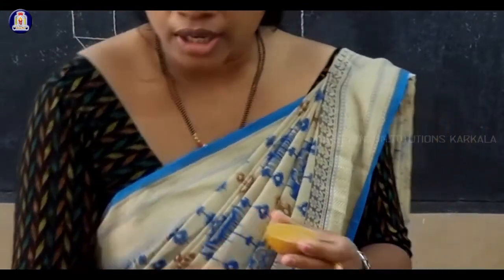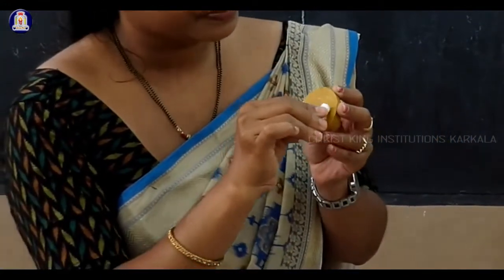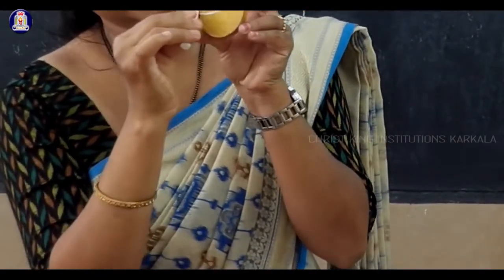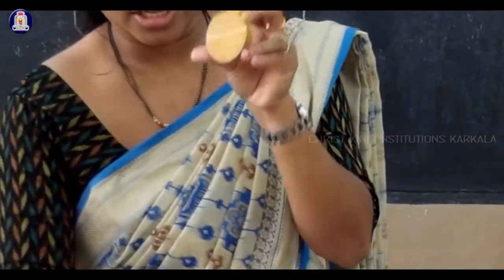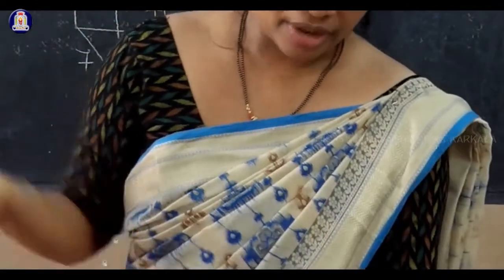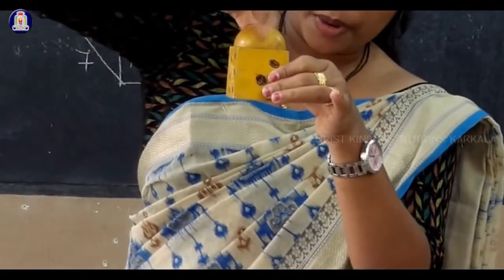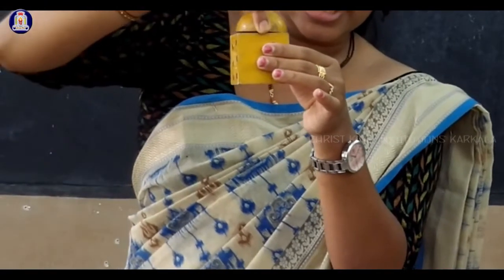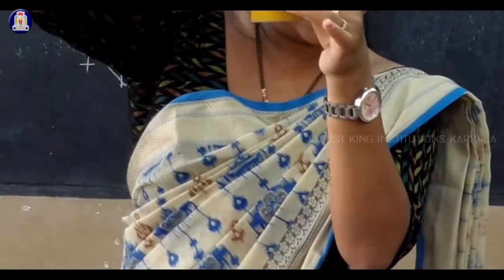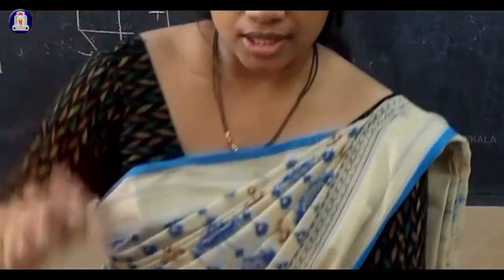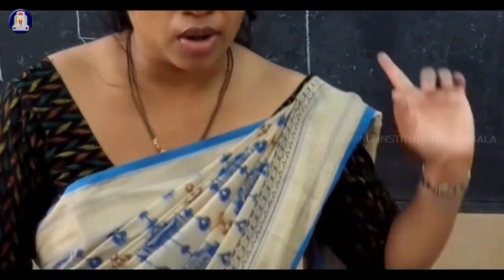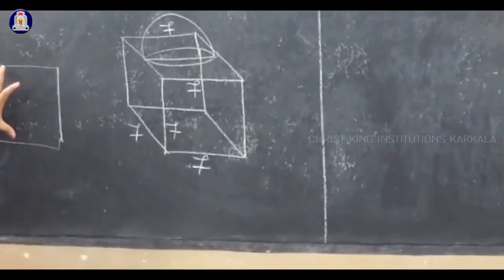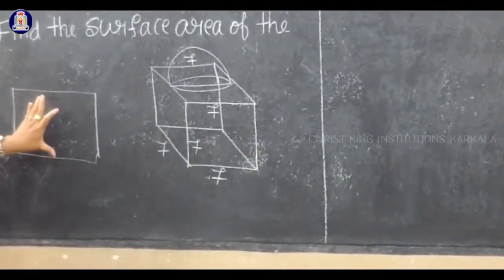Diameter means this, the greatest diameter of the hemisphere. If I surmount it on the top of this cube, what will be the greatest diameter? I'll draw this figure on the board. This is the top of the cube.